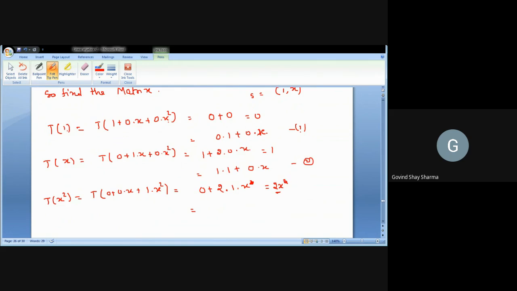So this is converting to x form, so we can write 0, 1 plus 2a.